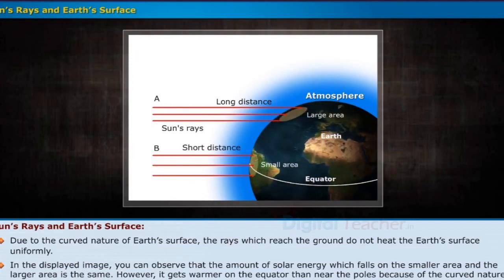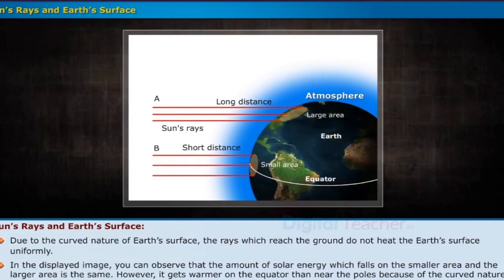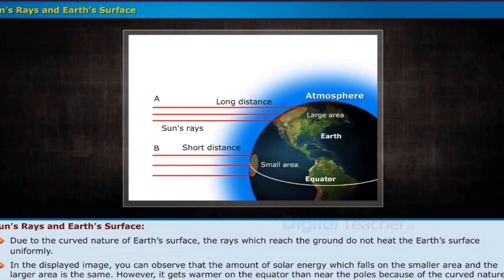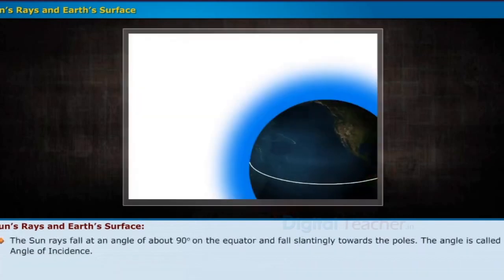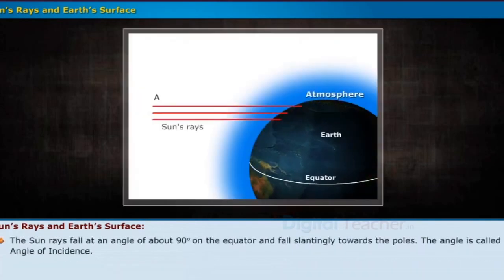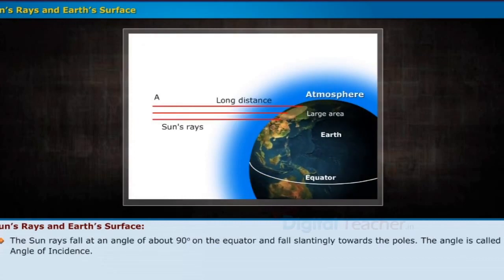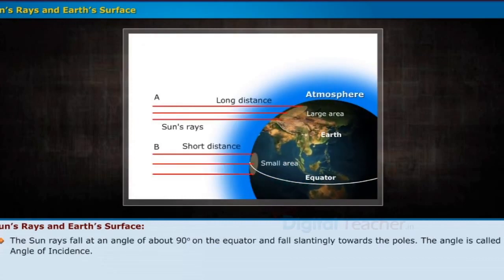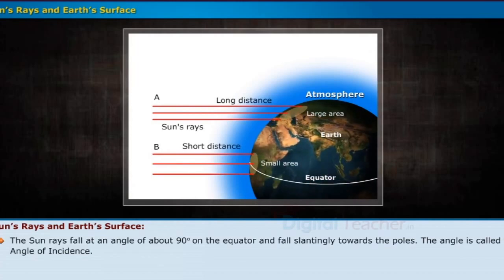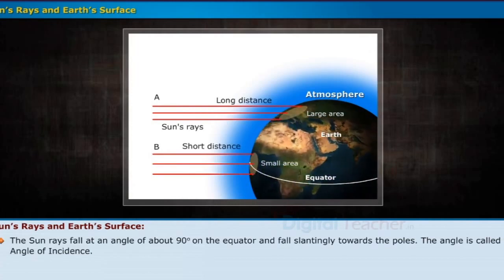However, it gets warmer on the equator than near the poles because of the curved nature of the Earth. The sun rays fall at an angle of about 90 degrees on the equator and fall slantingly towards the poles. The angle is called the angle of incidence.